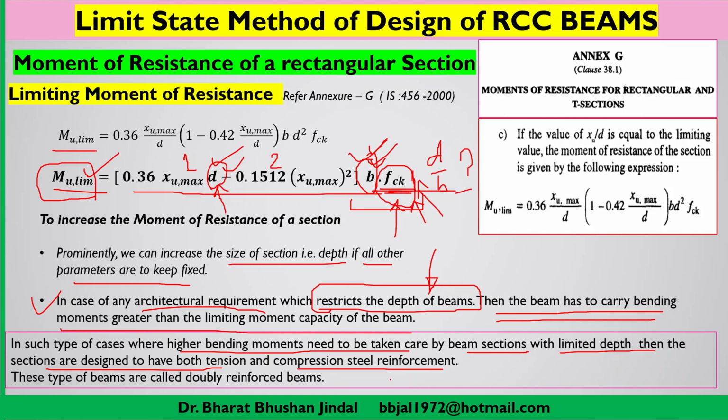That means we will be providing reinforcement in the tension zone as well as the compression zone. Or in other words, the steel will be taking care of compressive stresses as well as tensile stresses, along with the concrete which will take compressive stresses. So these types of sections are known as doubly reinforced beams.